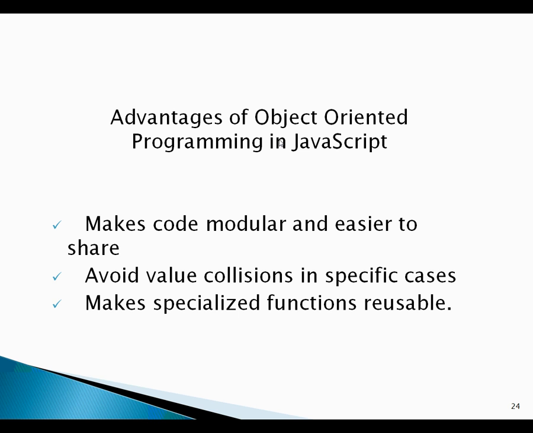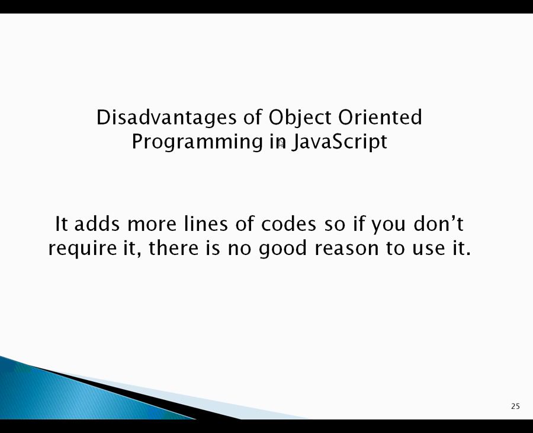It helps you to have a code which is modular and maintainable and also easier to share. And by establishing inheritance, it's a very good approach for you to maintain your code. The disadvantage of object-oriented programming is, of course, the more number of lines that you will have to write.